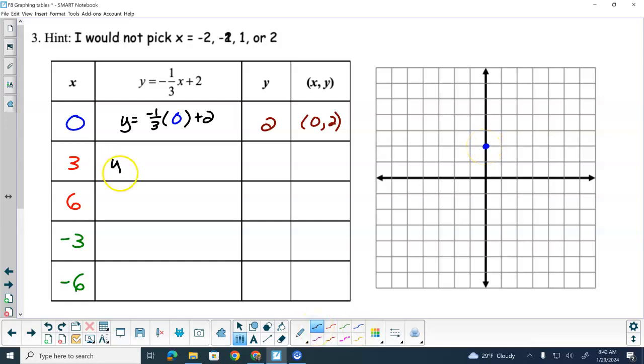Then -1/3 times 3/1 is going to be -3 divided by 3, which is going to be -1 plus 2 then gives me positive 1. This would be 3, 1.